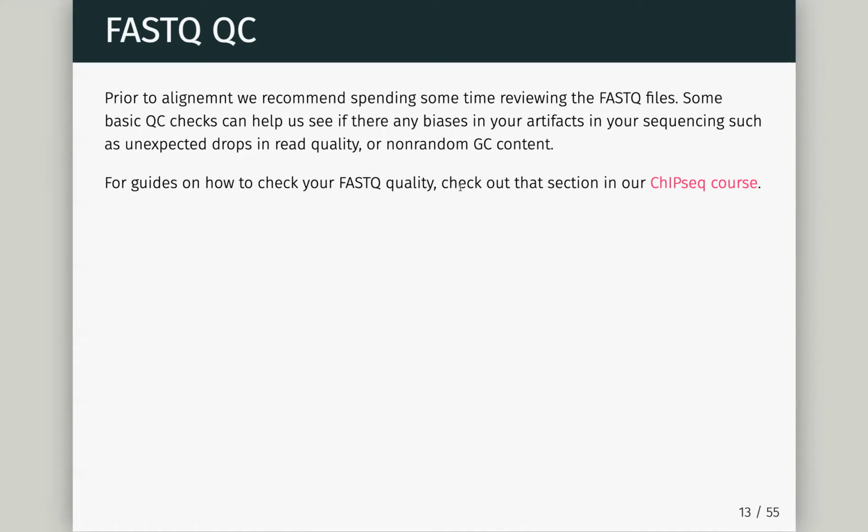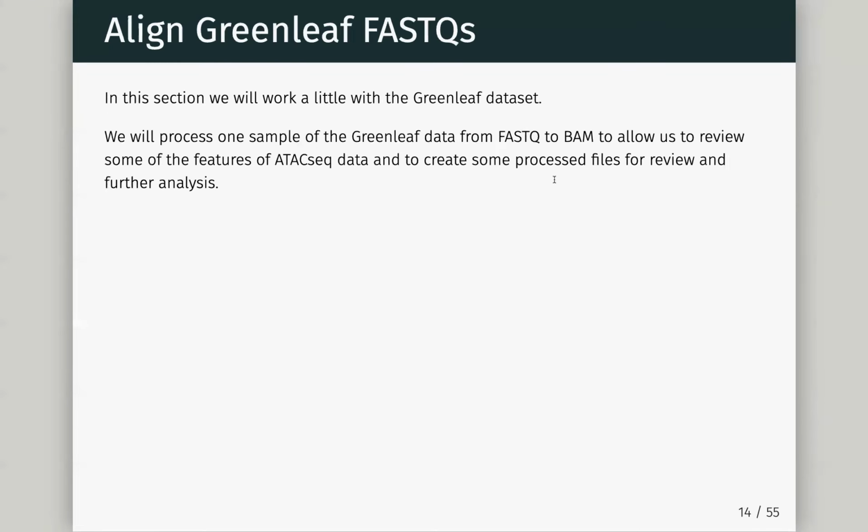So I thought I could save us some time, and we'll hold off and look at the FASTQ quality checks in our ChIP-seq. In reality, you can run FastQC and review those plots we talked about, and you'll be okay if nothing looks too strange. We're going to work with Greenleaf's data through this course because it's a really great example. We have the plots from his paper, so we can compare everything we do and make sure we can recreate the original ATAC-seq.